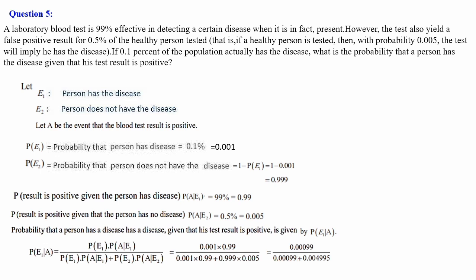Plus 999 into 5, that is 4995. Here after the decimal 3 digits, here 3 digits, so total 6 digits. We have only 4 digits, so 2 more zeros you have to put on the left side. That is 0.004995.